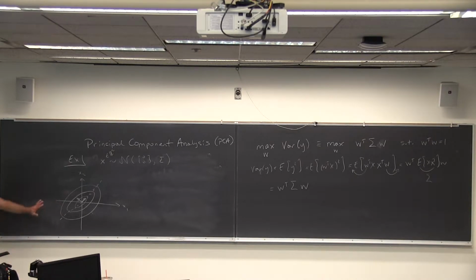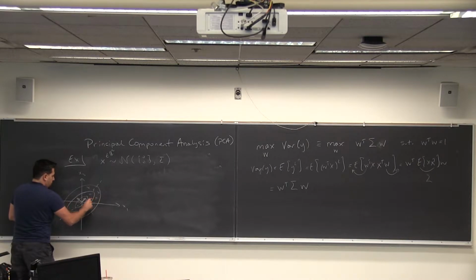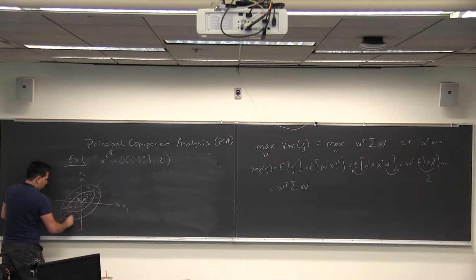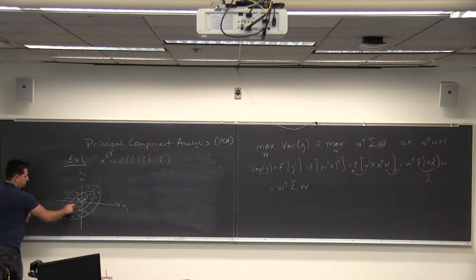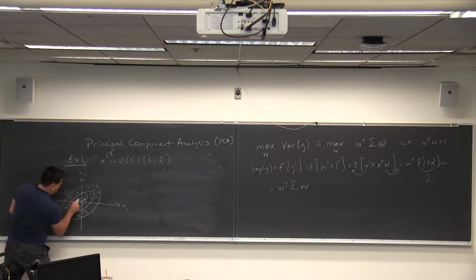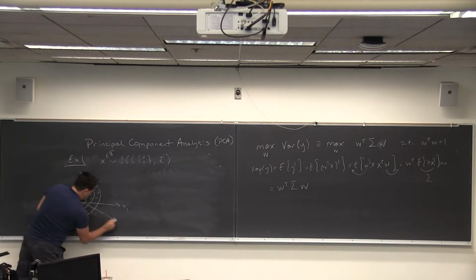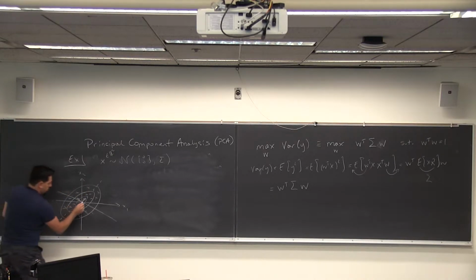Okay. So I'm interested in projecting samples from X to a direction on which variance is maximum. Unfortunately, this classroom gives me only black and white, so I'll try to illustrate here. Let's say I projected my data along this line. Let's say W is along this direction.